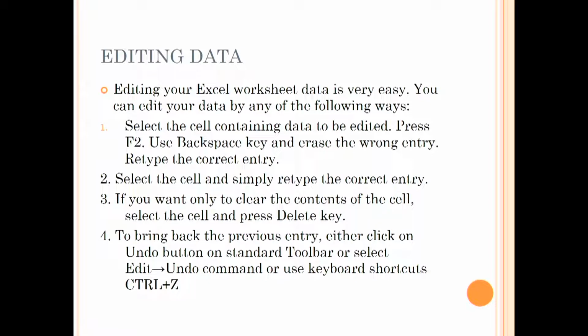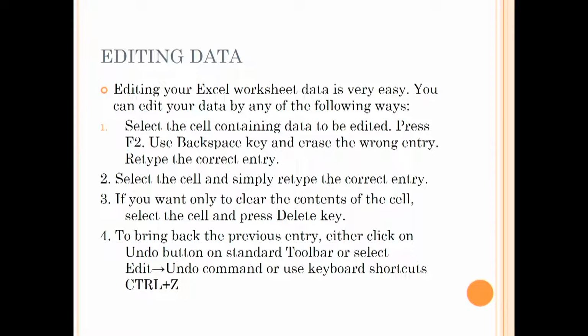You can edit your data by using any of the ways. First, you can select the cell containing the data to be edited, press F2, use the backspace key to erase the wrong entry and then retype the correct entry. So that is how you can edit your data using the first way.